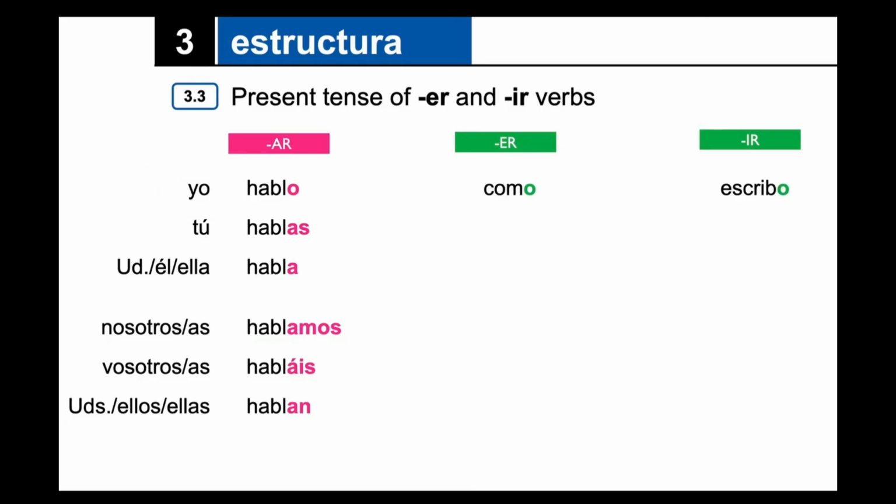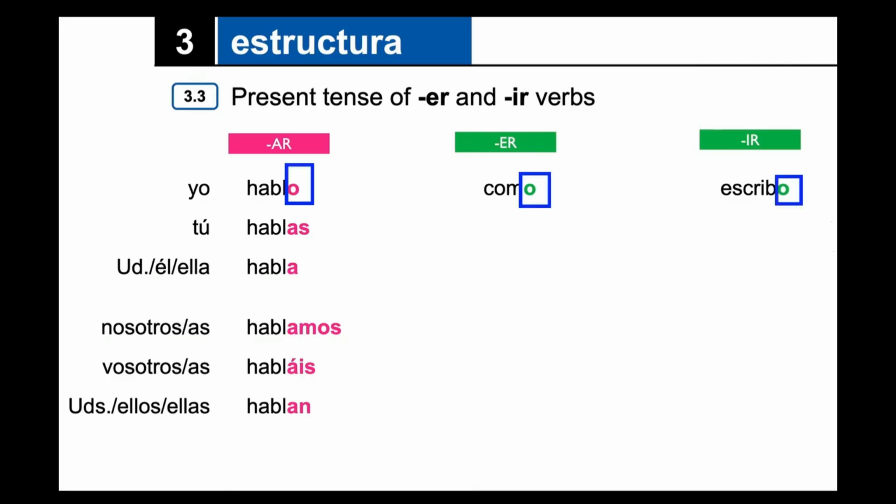We have verbs that end in er, like comer, that means to eat, and a verb that ends in ir, escribir, that means to write. And what do you notice when you look at the endings?